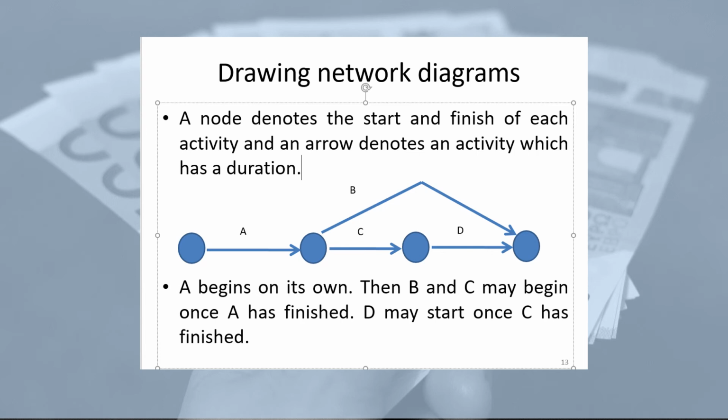So B and then C may begin once A has finished. So you've got to finish A before B and C can start. But at the same time as C is starting, B is starting as well. So D may start once C has finished. But B has started at the same time as C, and D can only start once C has finished.